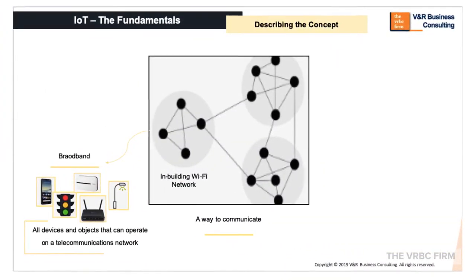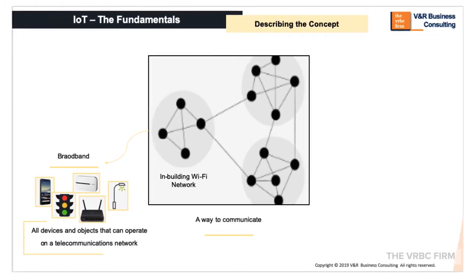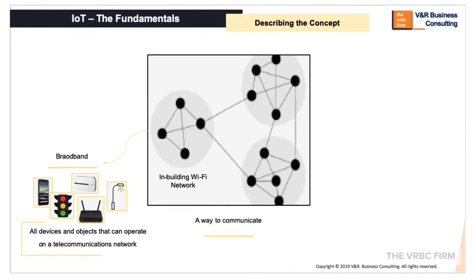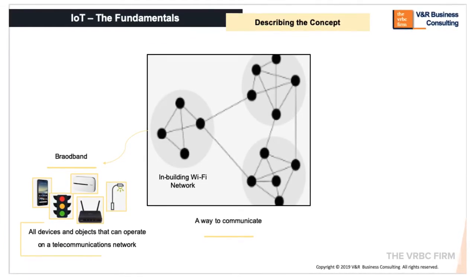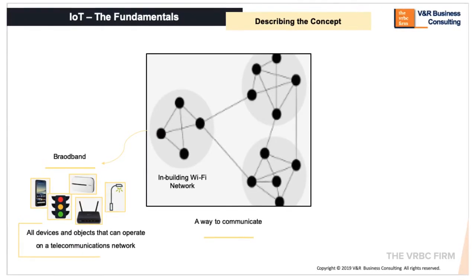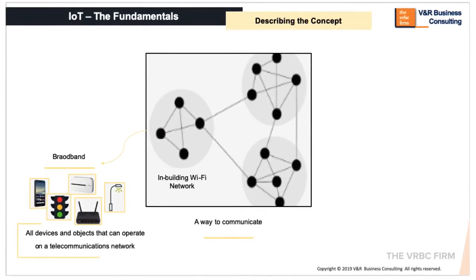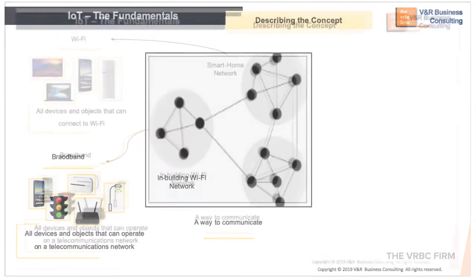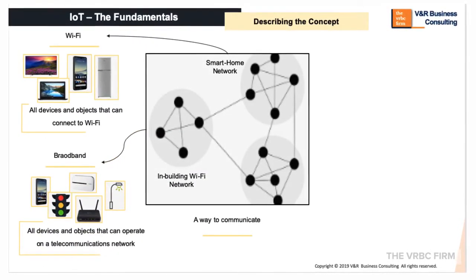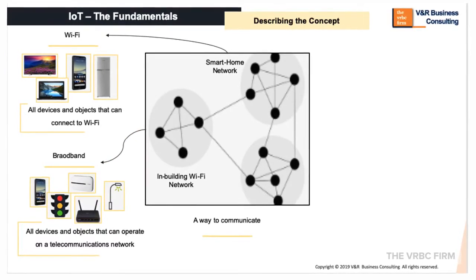So let's describe the various mediums for communicating as well as associated objects and devices. We are familiar with the mediums of digital communication we typically use in our day-to-day lives.